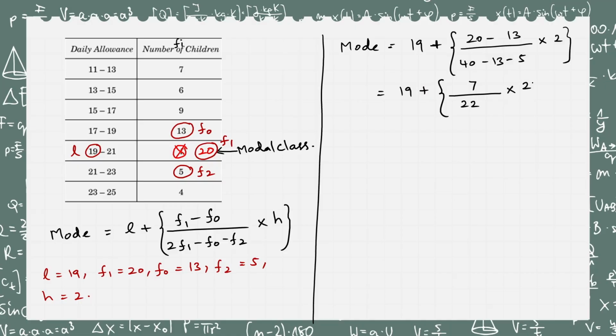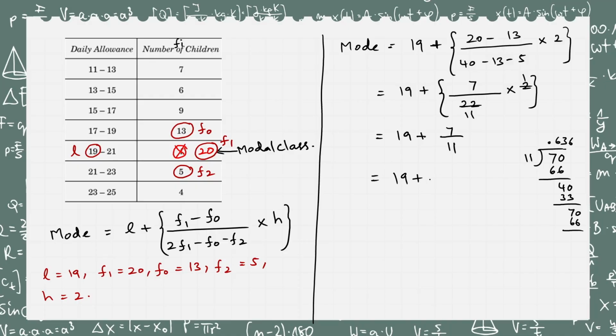So 22 into 2. Now we can cut this 2 and 22. So 2 1 time, 2 11 times is 22. So we have 19 plus 7 divided by 11. Okay, and when we divide 7 by 11, it will be like 0.6363 etc. We want only 2 decimal places, so we can write this as 19 plus 0.64, because 0.636 can be rounded off to 0.64, right? And adding these two we get 19.64. That's the mode of this data.